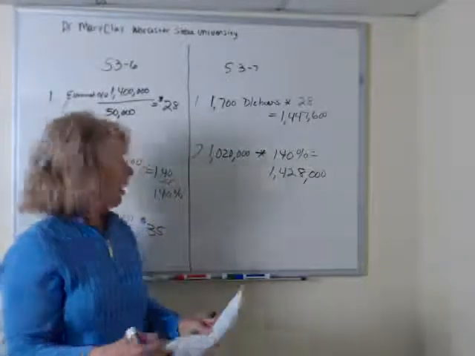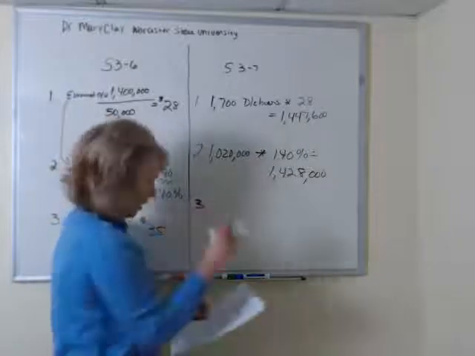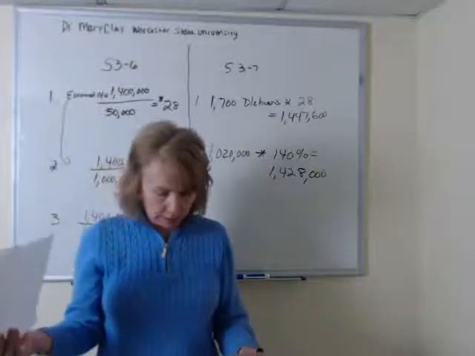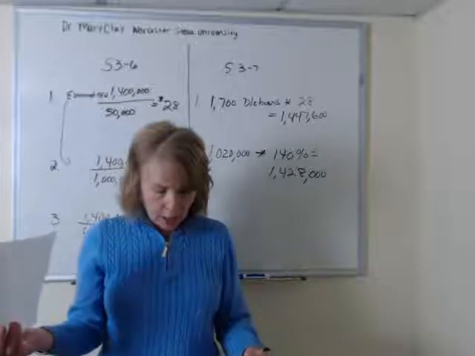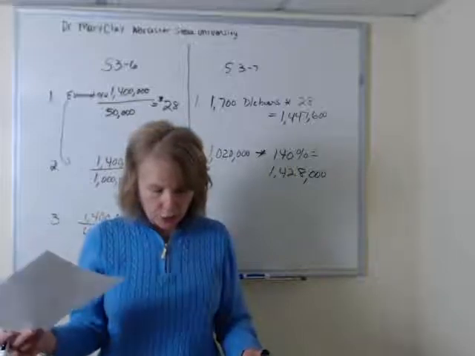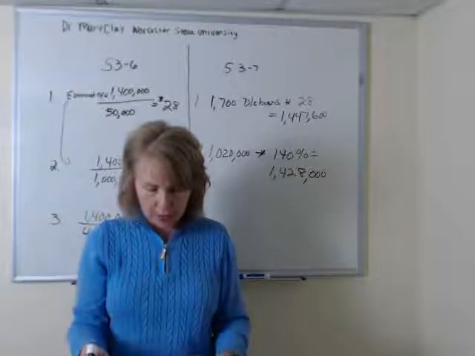All right, number 3. Here's what it says. Assume that the company actually ran the machine 39,500 hours.